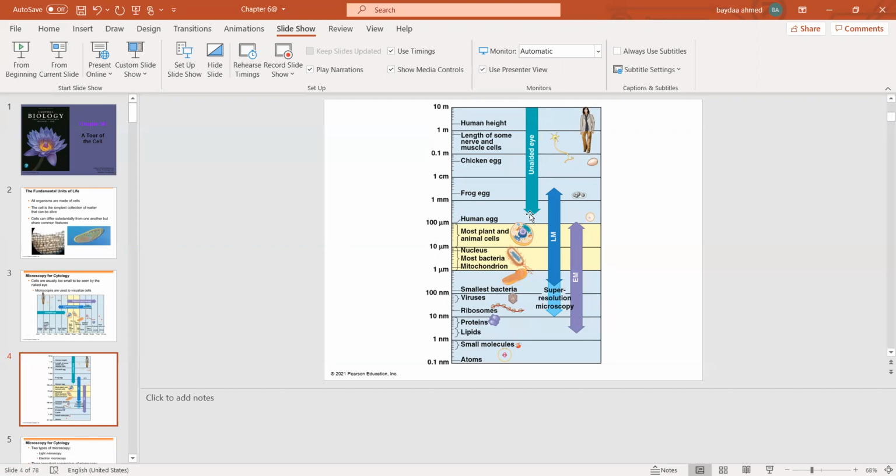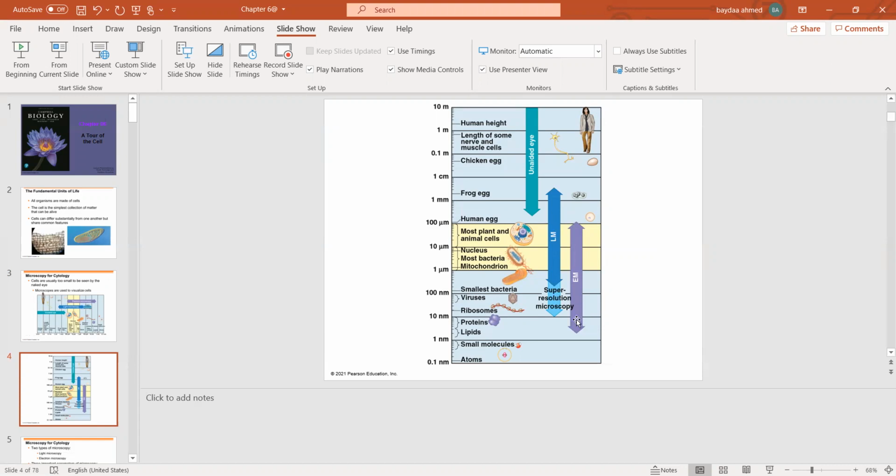And then right here, we have the point at which you can only see things with light microscopy. And here we have electron microscopy, so you can go even further down in size.